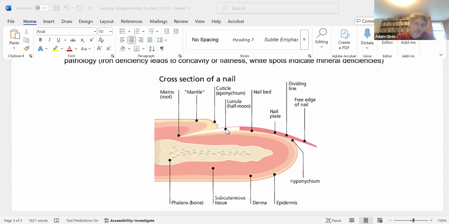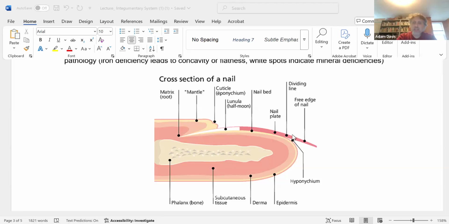Now, at the base of the nail, you see this thickened region called the lunula, or the half moon. That's what lunula means. It's that little thick white crescent-shaped area at the very base of your nail, thickened to provide protection for the nerve endings beneath it.